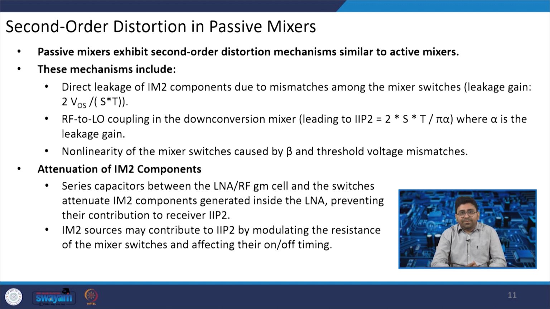Second order IM2 sources may contribute to IP2 by modulating the resistance of mixer switches and affecting their on off timing. So, that is why this series capacitor is important if we want to improve the IIP2 of the passive mixer.